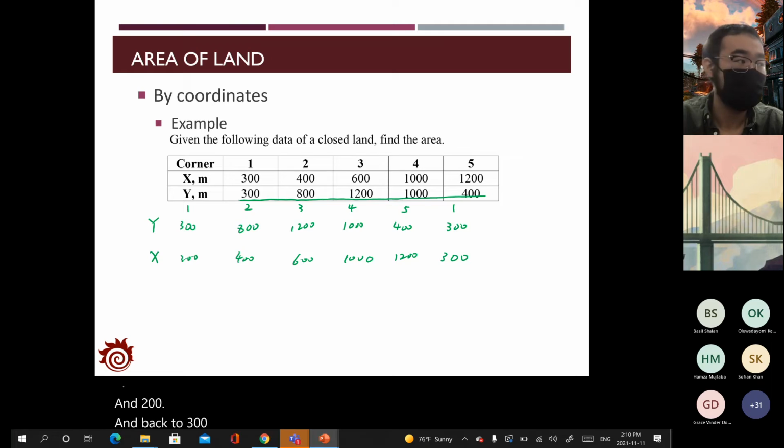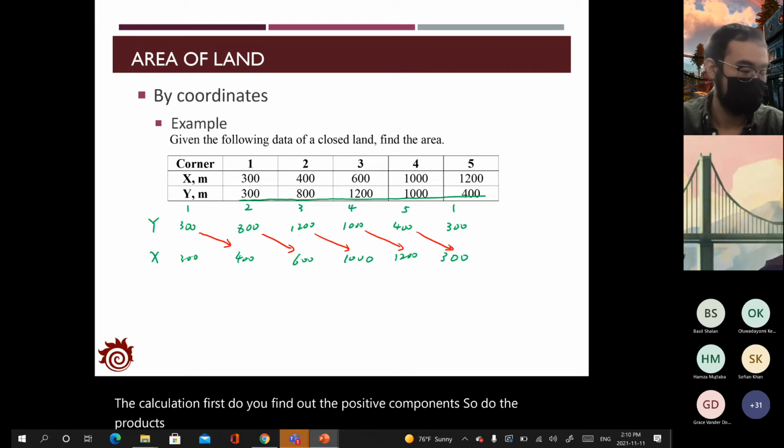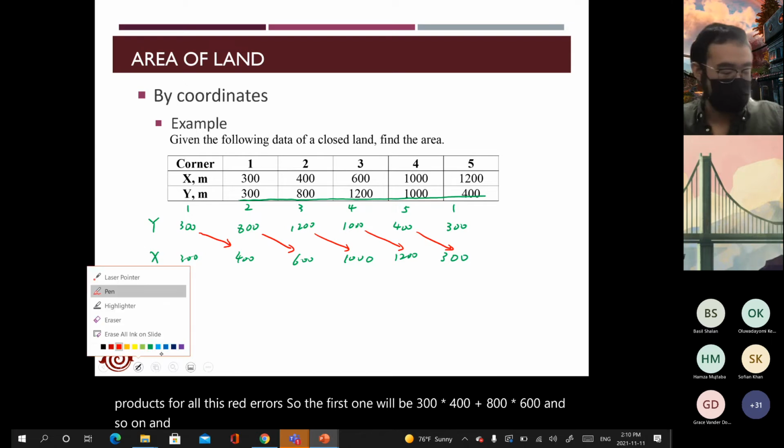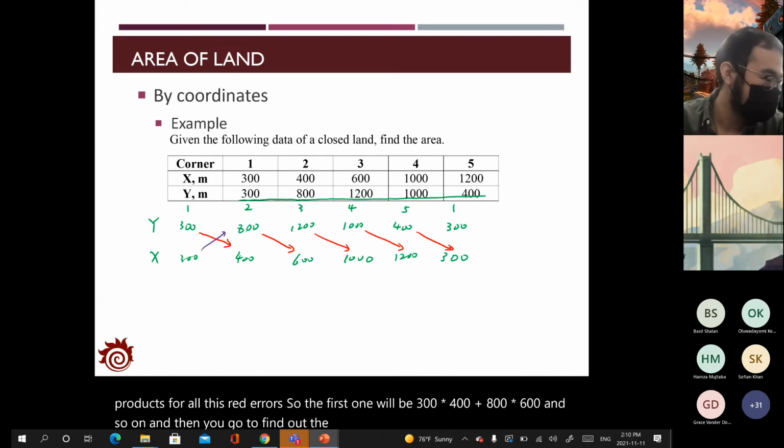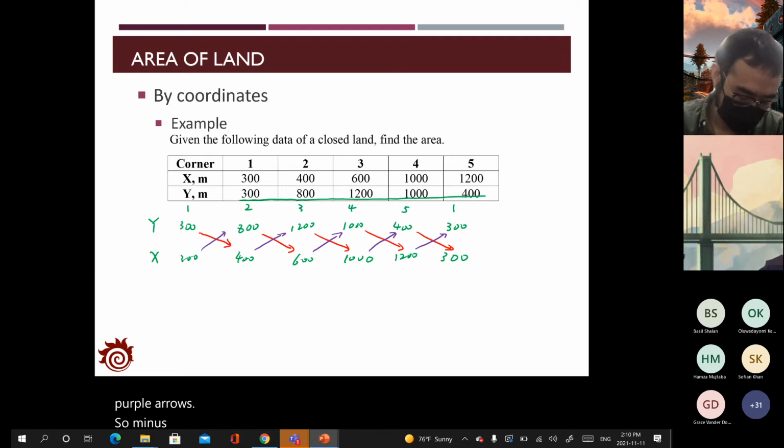With that, we can check the calculation. First, we find the positive components, so do the products for all these red arrows. The first one will be 300 times 400 plus 800 times 600, and so on. Then you find the negative components with these purple arrows: minus 300 times 800, minus 400 times 1200, minus 600 times 1000, and so on.